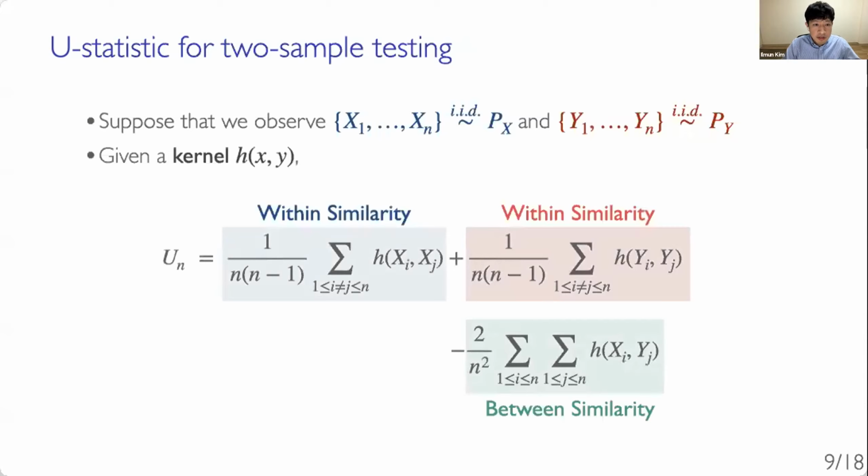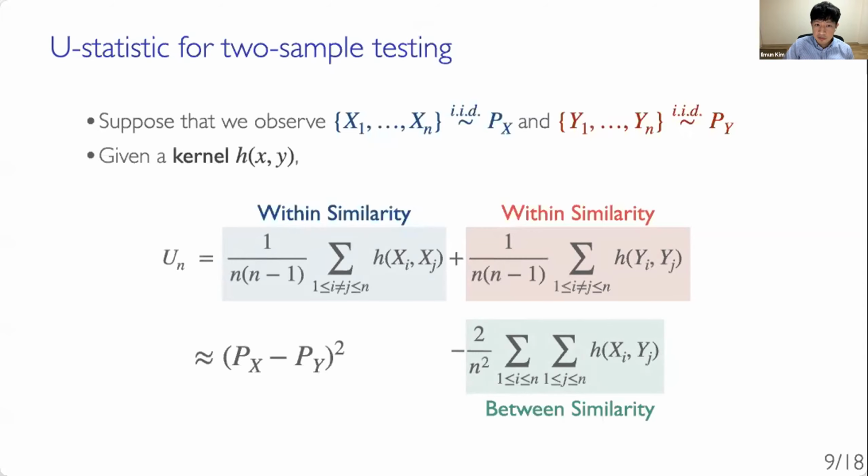It looks quite complicated at first glance, but we can simply interpret this as a difference between within-similarity and between-similarity. The idea is that when P_X and P_Y are the same, the expectation of the statistic becomes 0. Otherwise, the expectation of the statistic is going to be greater than 0.